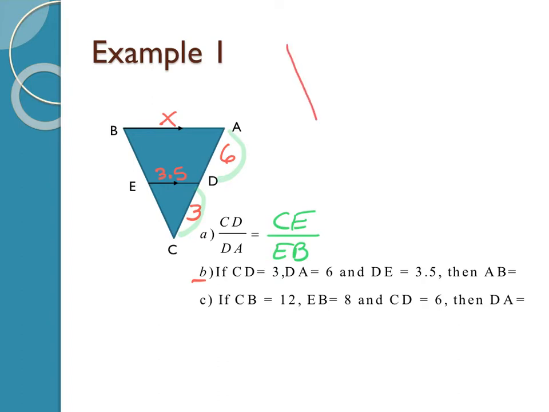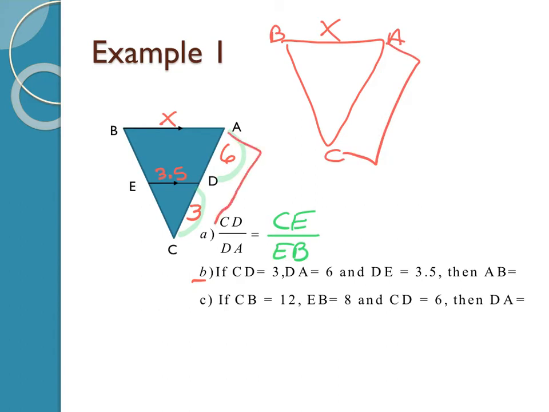For example, if I take the large triangle, BAC, what they're asking me to find is AB. I can see that the length from A to C is equal to 6 plus 3, which is 9. Then I'm going to take the little triangle here, the CDE.